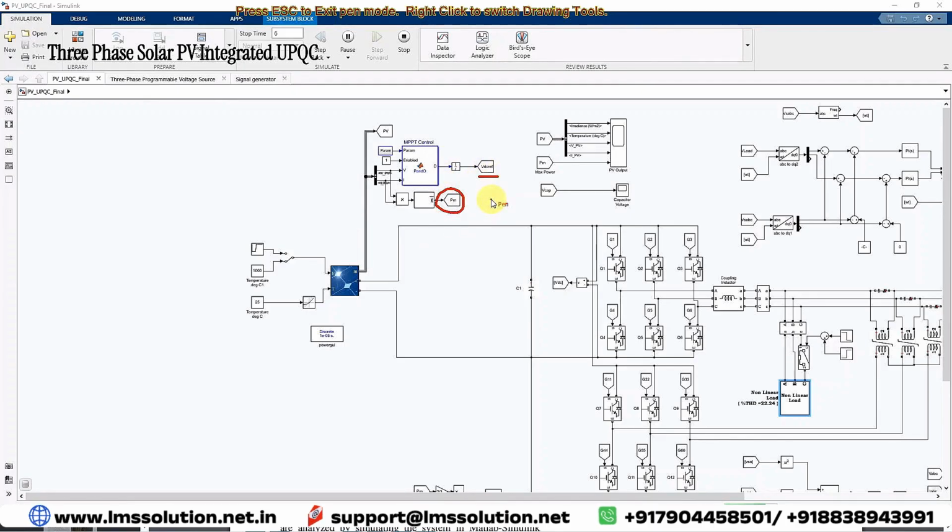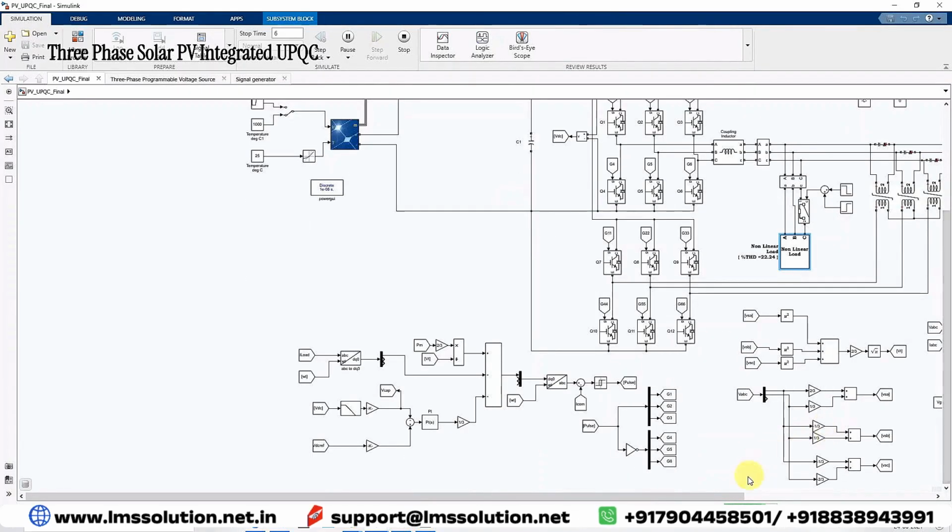Next, you have to see the shunt compensator control logic here. Here we are going to measure the load current, and the load current is going to be converted into DQ naught, and then you will take only ILD, the direct axis load current. Then here you have to measure the solar PV power and then divide it by the terminal voltage of the grid. It will give IP average, IP generation, that means the current based upon the PV power.